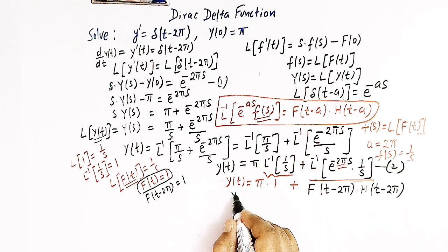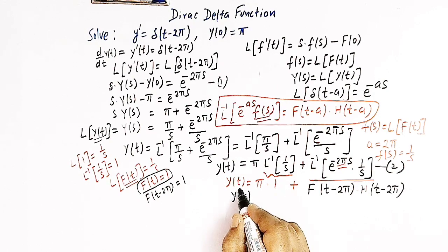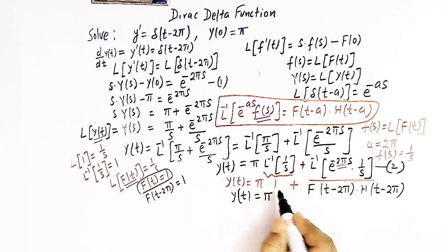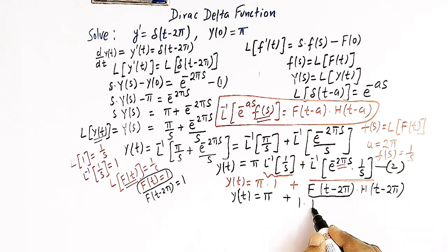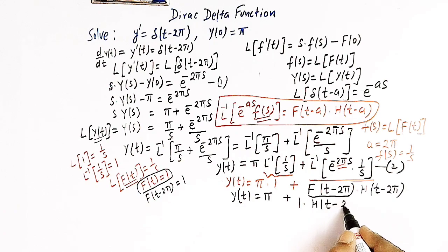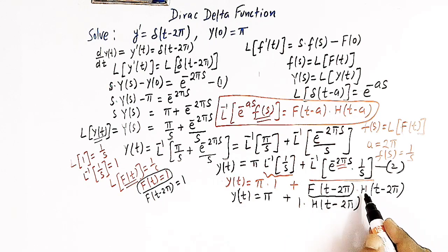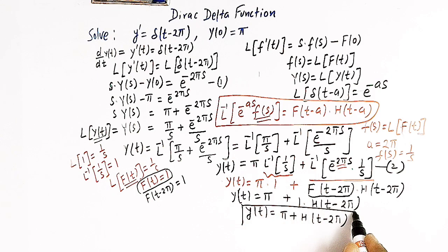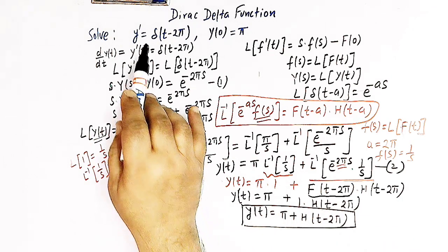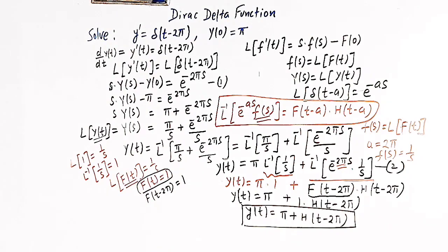So now we have y of t is equal to pi, and then we have here 1 times h of t minus 2 pi, where h is the Heaviside unit step function. So now we can write y of t is equal to pi plus h of t minus 2 pi, right? So viewers, this is the solution of this differential equation.